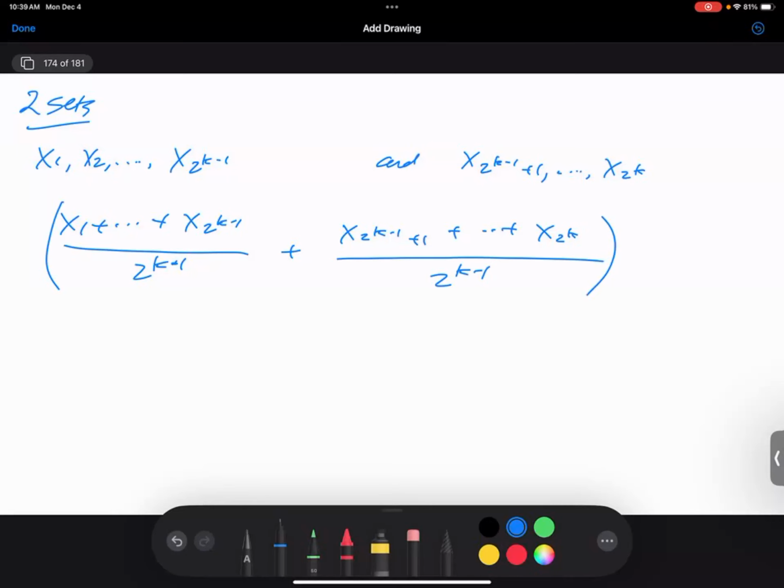Not 2 to the k minus 1. Not 2 to the k. We've already got a 2 to the k minus 1 in the denominator. So what would I want to multiply this by? What are we trying to get for the arithmetic mean?